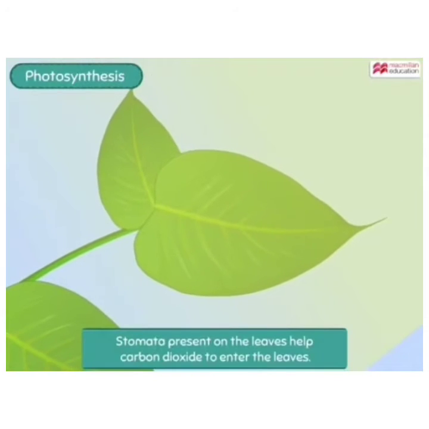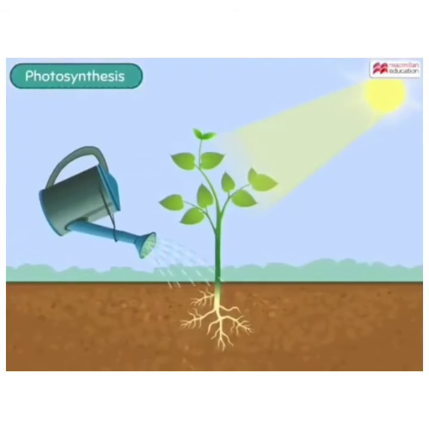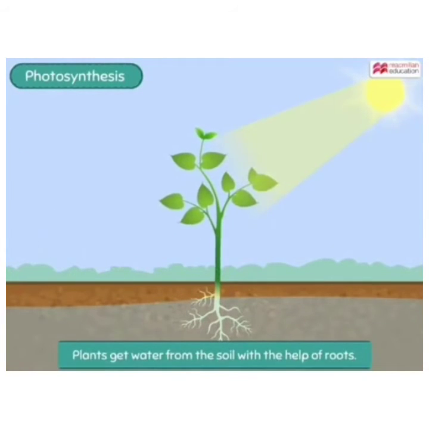Stomata present on the leaves help carbon dioxide to enter the leaves. The next important thing needed by the plant is water. Plants get water from the soil with the help of roots.